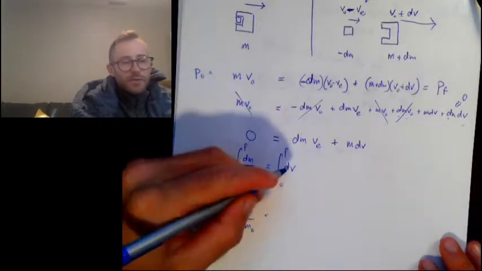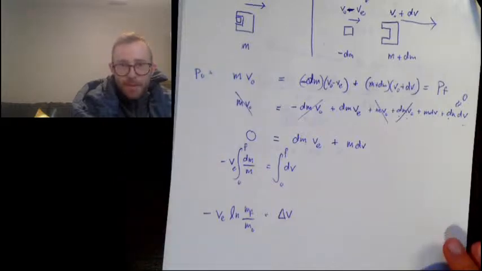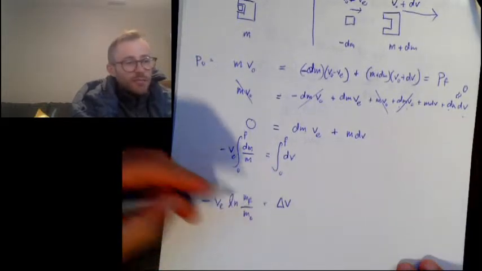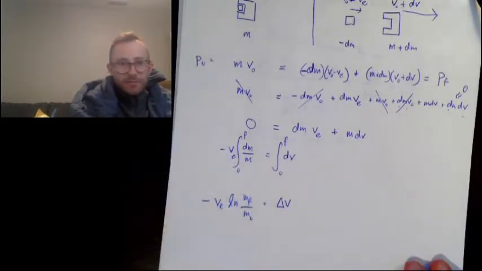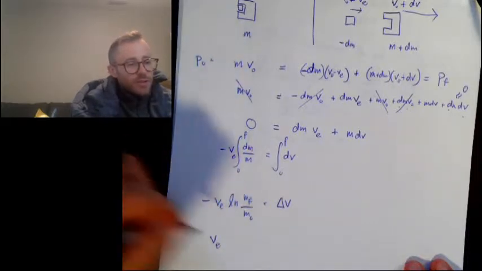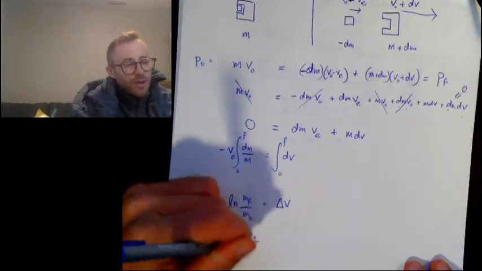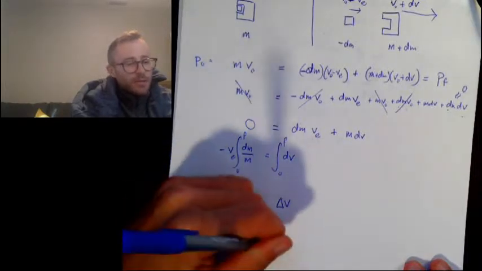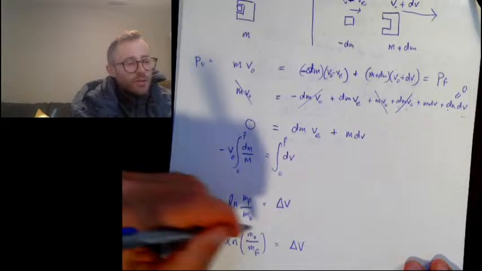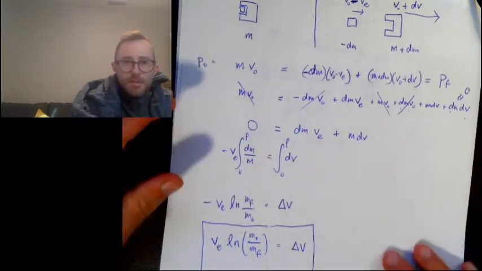And here I have v final minus v initial, which is delta v. Okay, I'm going to take the minus sign in. So the velocity of the exhaust times natural log of m initial over m final is the change in velocity of the rocket. Okay? Sweet.